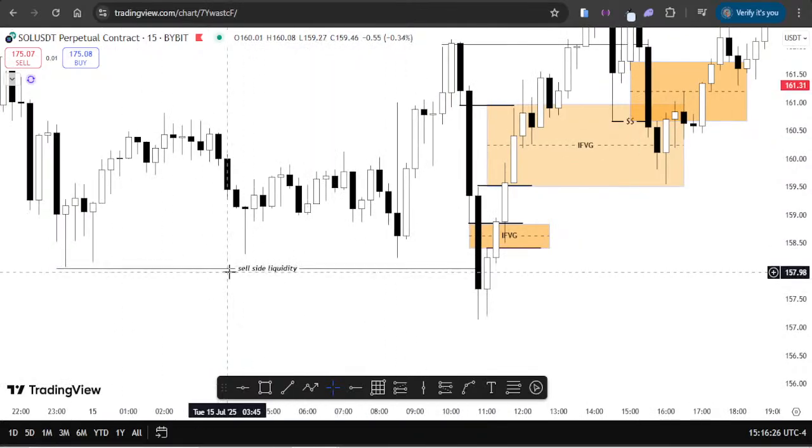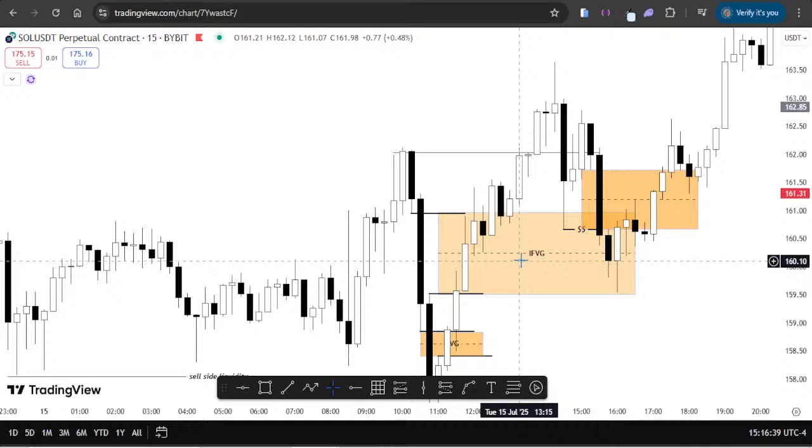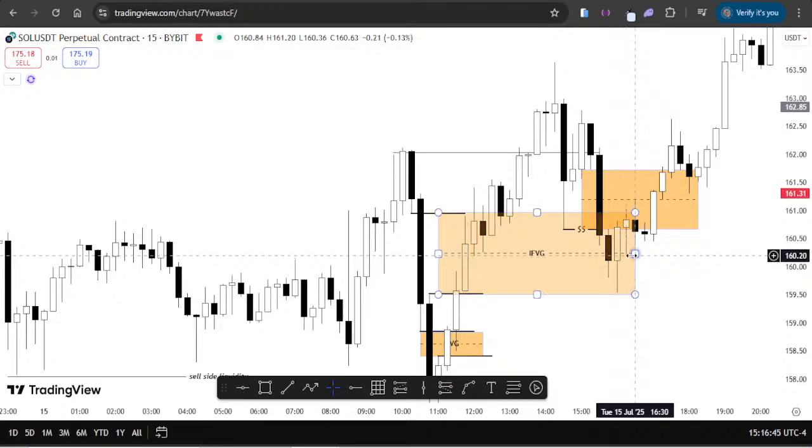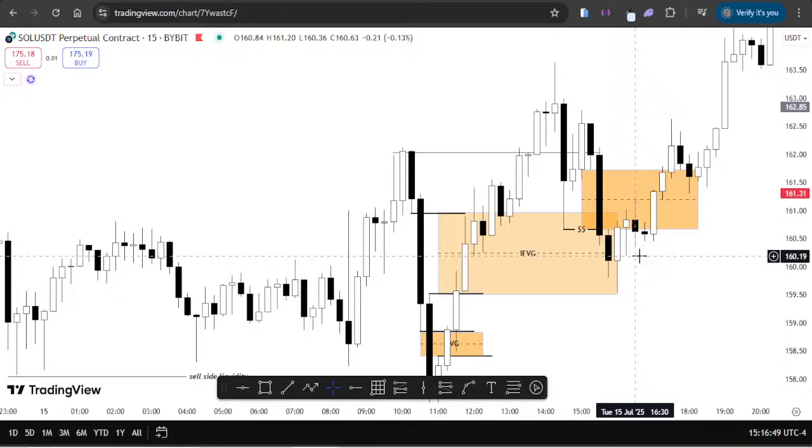Once price took out this sell side liquidity, we started seeing inversion fair value gap being used as a point of reference to send price to the upside. So this inversion fair value gap right here is the point of reference for price delivery to the upside. So I like to enter with my consequent encroachment here.